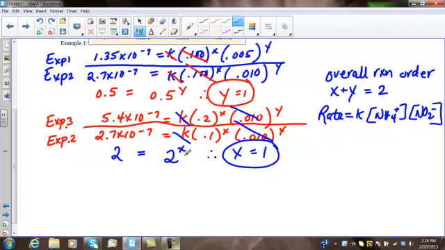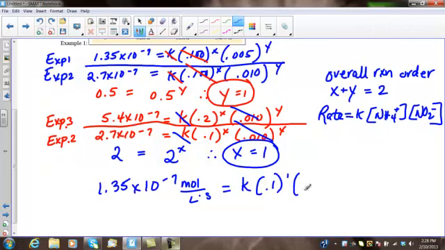So in order to calculate the rate constant, I can pick a rate, any rate, so I'll pick from experiment 1, 1.35 times 10 to the negative 7, and this is moles per liter dot seconds, equals K times the concentration of NH4, which we know is 0.1 to the 1, times 0.005 to the 1.